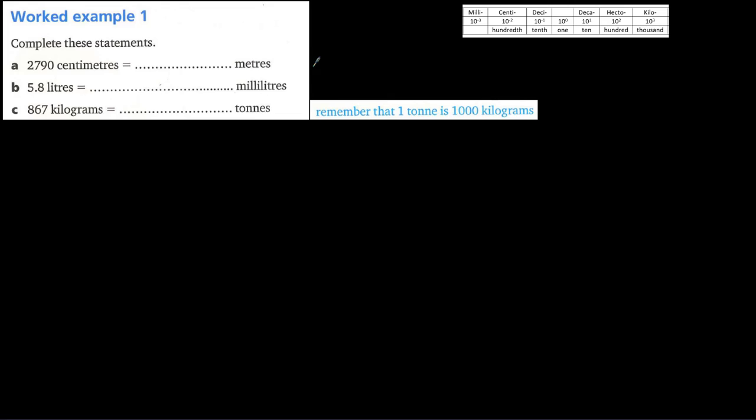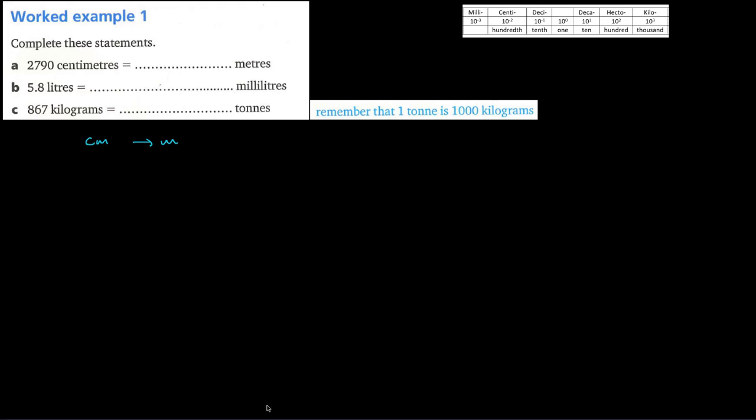Let's solve these questions to understand the conversion better. And I put the table here. I said the center is most important for us, so I put this table here to understand better. The first question, from centimeter to meter. So we are going to convert the unit centimeter to meter, which is bigger.